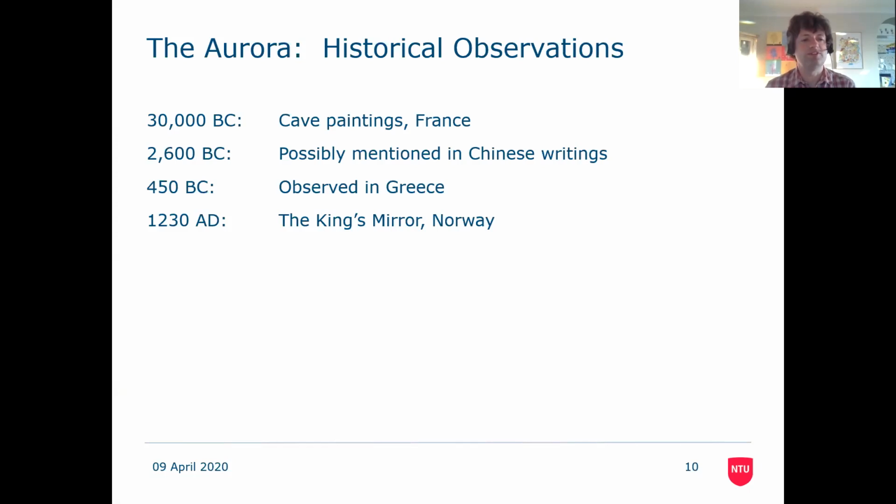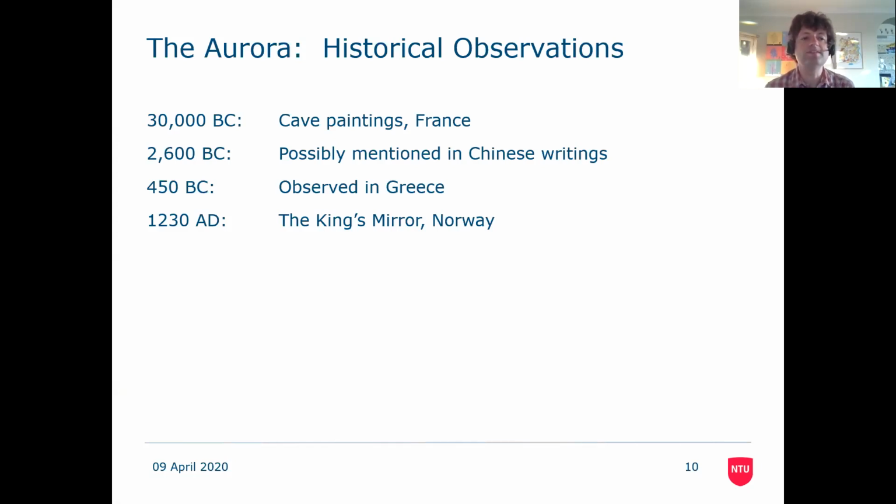If you go down to the Mediterranean, again, very rare, but still sometimes observable there. If you go down towards the equator, once every 100 years or more, they might be visible. And so what we find is there's always some large extreme events.